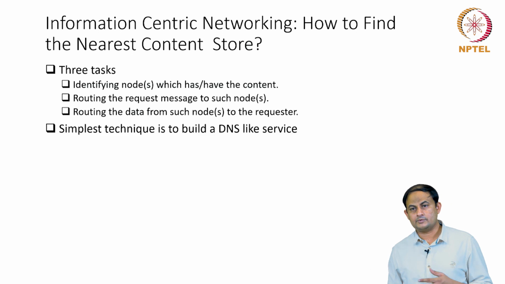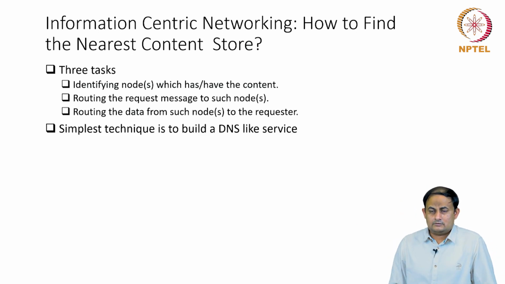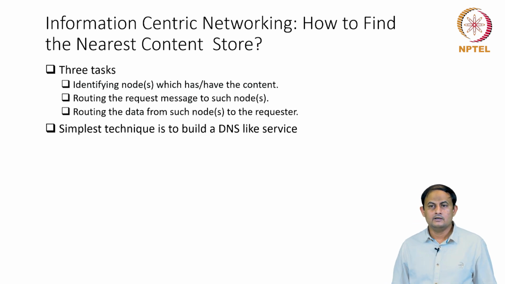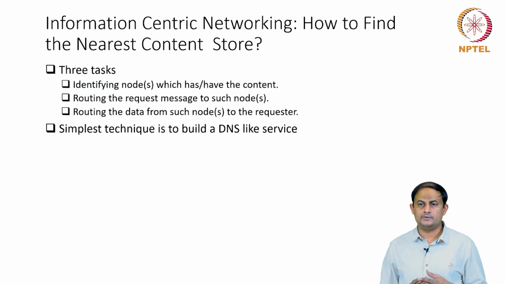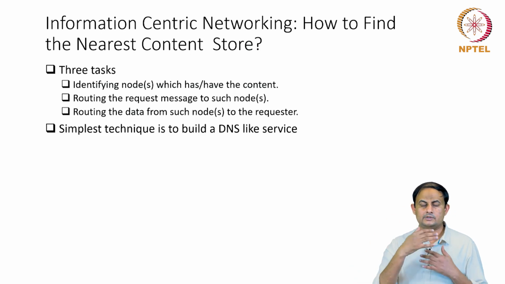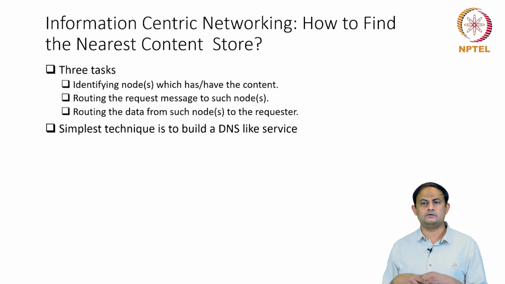This comes with an assumption that the DNS-like service is constantly updated with information, because the routers have a limited amount of cache. At some point they might decide to discard some content, bring in some new content and store that for whatever reason.